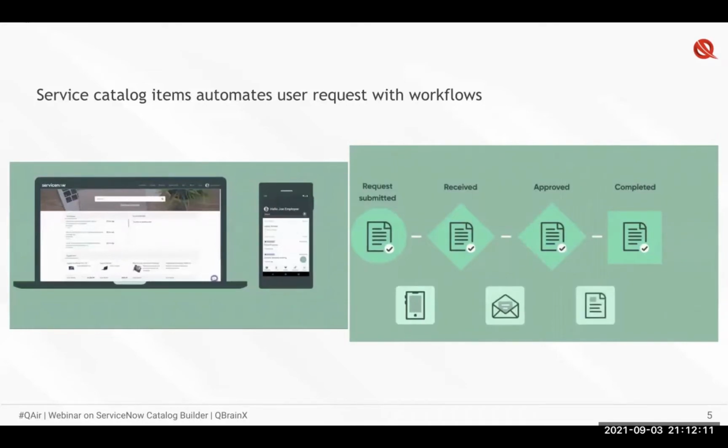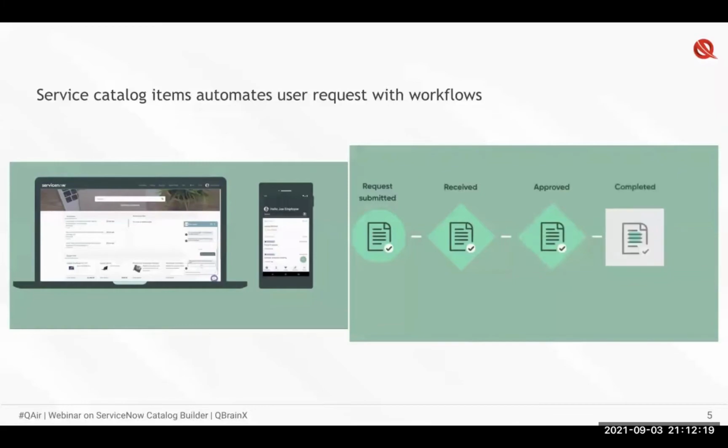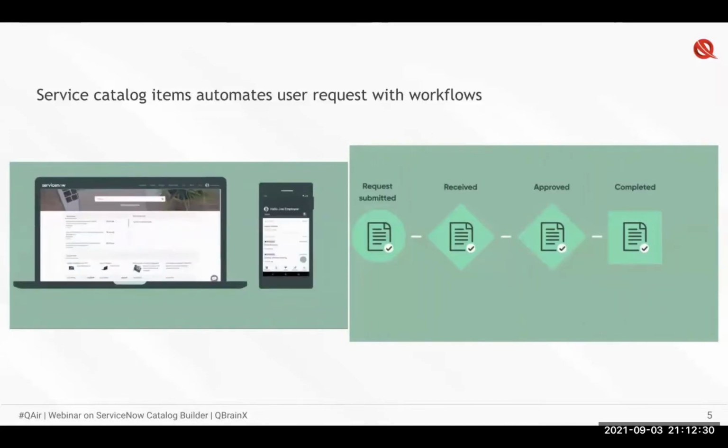But using catalog requests, users will be able to submit a request and we can automate the approvals for the request. Once the approvals are approved, we can fulfill the requirement and complete the request. Users will be able to request a catalog item from the portal, and even using the Now mobile app and the virtual agent application.